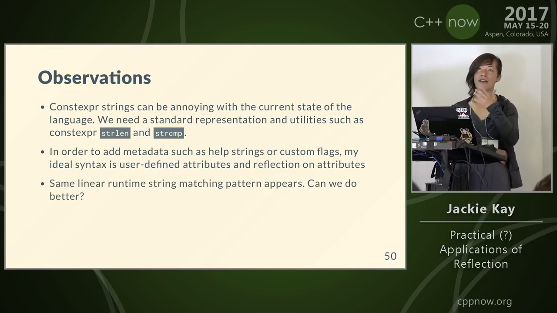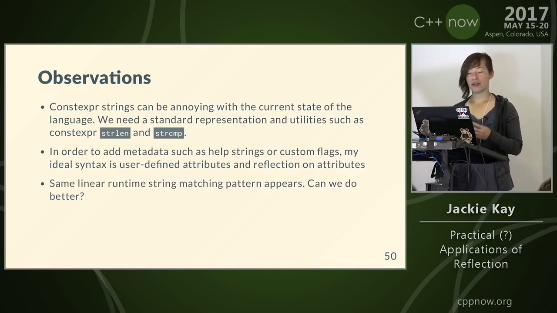If someone decided to write a paper about user-defined attributes, it would need to mesh well with reflection, and we would also want to add reflection on attributes.